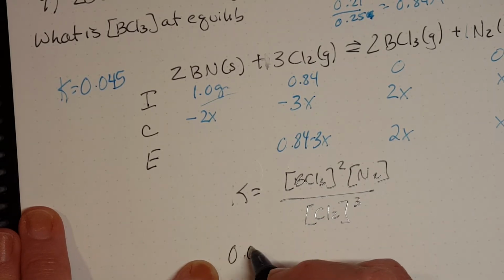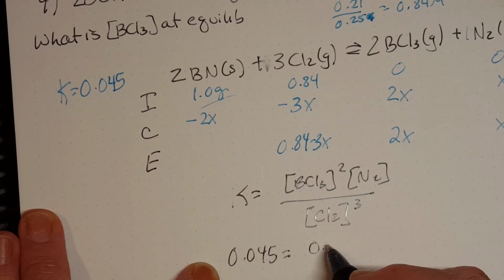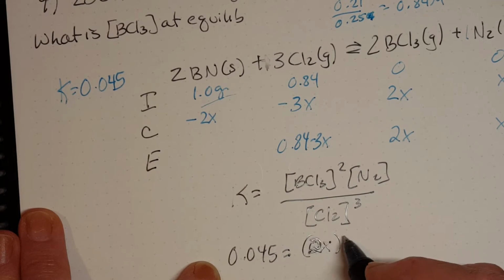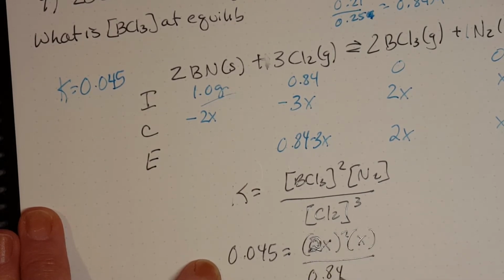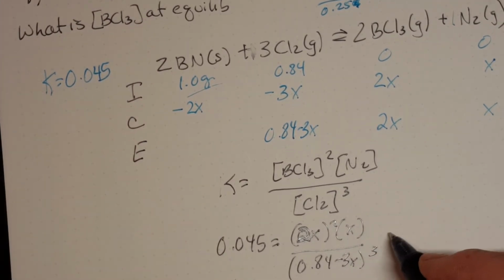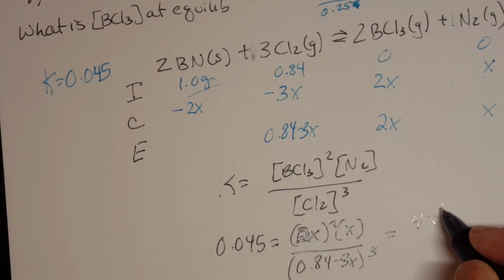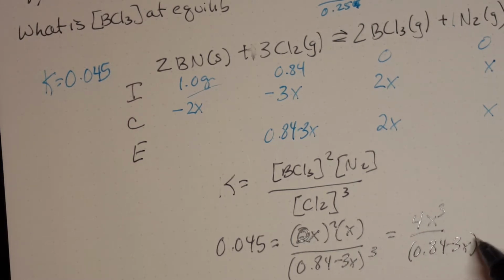And so 0.045 is going to equal 2x squared times x divided by (0.84 minus 3x) cubed. And if I simplify this fraction, it becomes 4x cubed over (0.84 minus 3x) cubed.